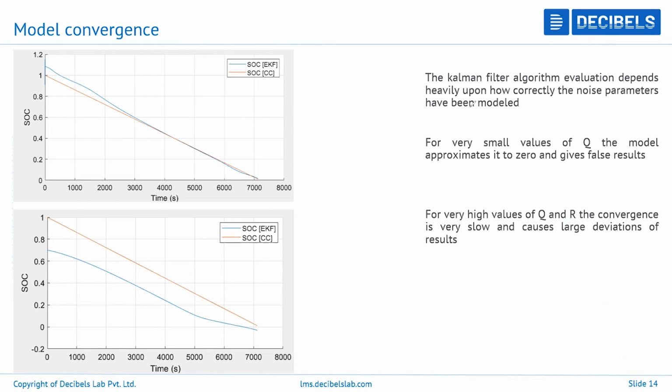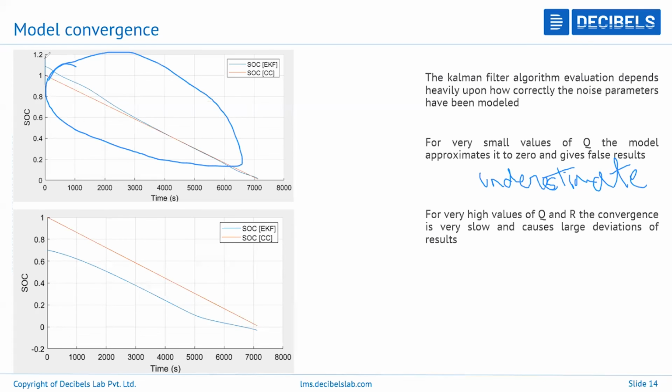So the thing is that if you choose extremely small values, or basically if you underestimate the values, then it will give you results something like this. Okay, where you can see a very large initial error, and it takes almost 3000 seconds to almost 4000 seconds to converge, right?